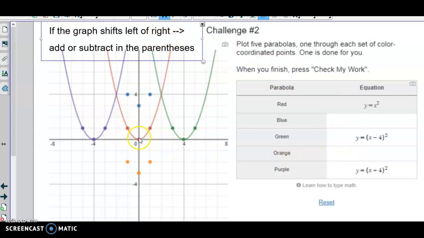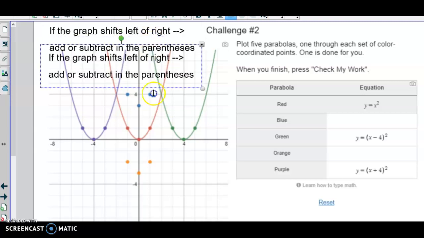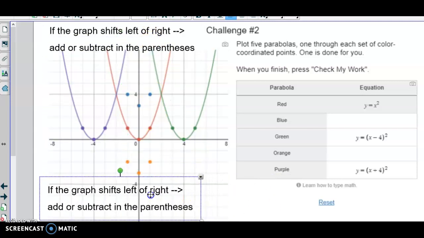But now we notice these points are shifted up or down. Instead of adding in the parentheses, we're actually going to add on the outside. So if the graph shifts up or down, you add or subtract outside the parentheses. I'm realizing I made a typo here.